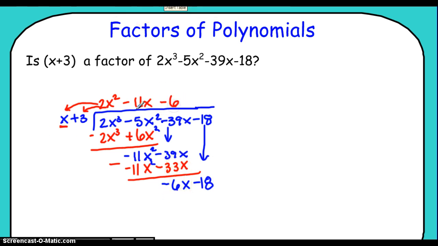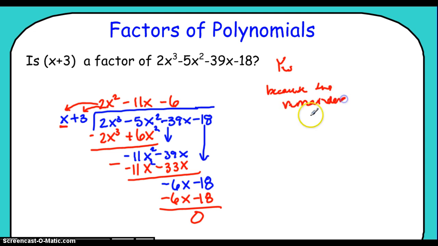Minus 6. So there's my negative 6. There's negative 18. My remainder is 0. So is this a factor? Yes, because the remainder is 0. So try a few more problems related to long division.